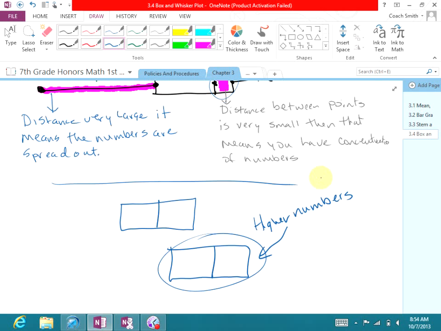Now, turn the page to page 126. Okay, number 7 says, choose the set of data that is displayed in the box and whisker plot to the right. Okay? So, to figure out what it is, you've got to figure out which one of those sets of numbers have those medians.